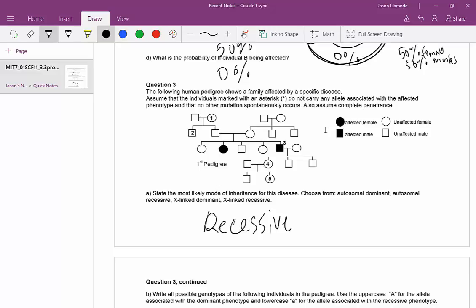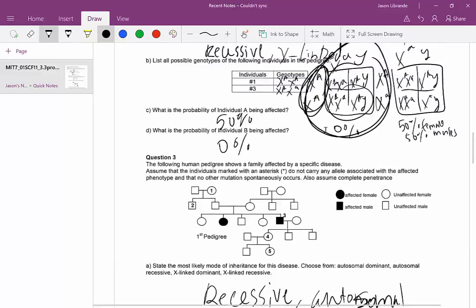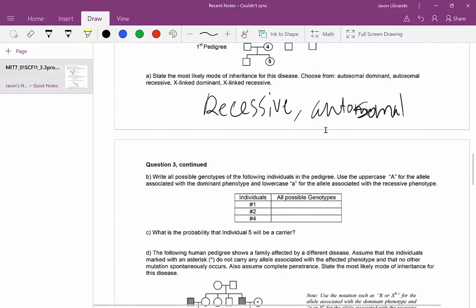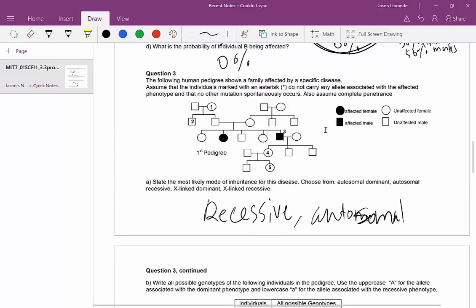And it affects both males and females. So we're going to assume it's going to be autosomal. Again, until proven otherwise, if you choose it incorrectly, it's probably going to be very obvious once you start assigning genotypes that something is haywire there.